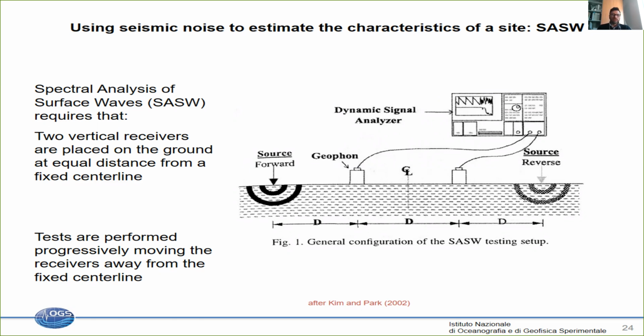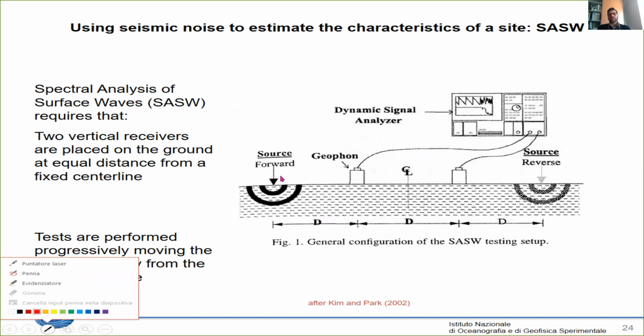How does the method in principle work? So you see here, it can be one of you, just exciting the ground with a hammer, and the method requires at least two geophones, generally only vertical geophones, because the analysis was mainly carried out for Rayleigh waves.